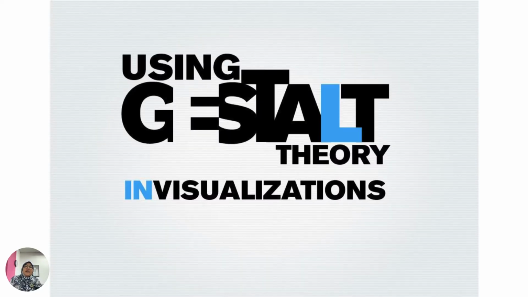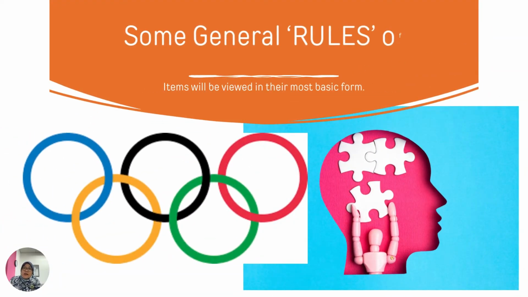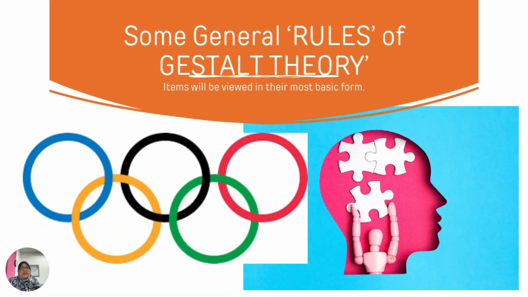It is how our brain naturally groups everything together to make sense of the world, to make sense of what we see. Okay, so there are general rules of the Gestalt Theory, and it is when items will be viewed in the most basic form.